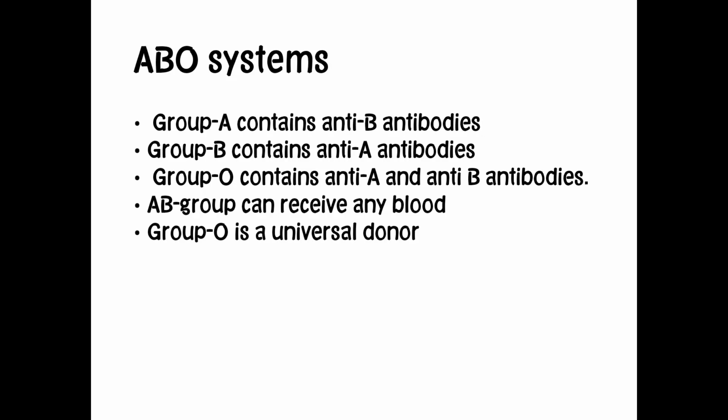A person with blood group AB has no antibodies but has antigens A and B on their red blood cells, while a person with blood group O has both anti-A and anti-B antibodies, but has no antigens on their red blood cell membrane.